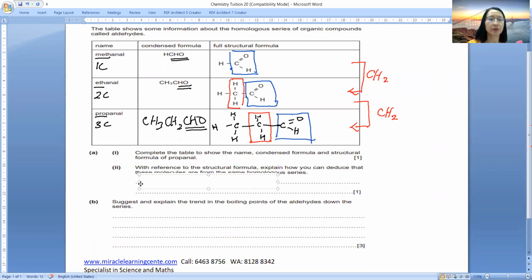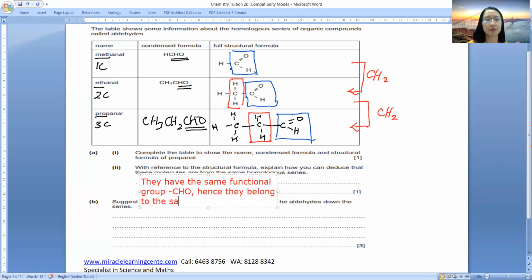They have the same functional group, which is CHO. Hence, they belong to the same homologous series.